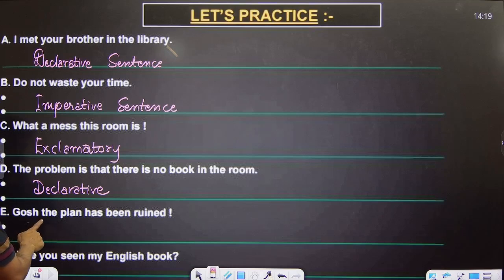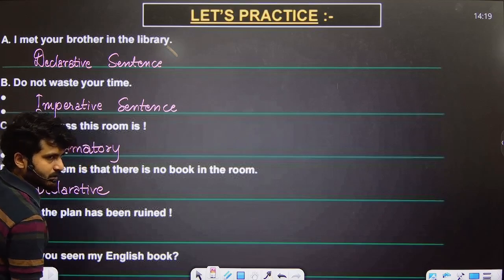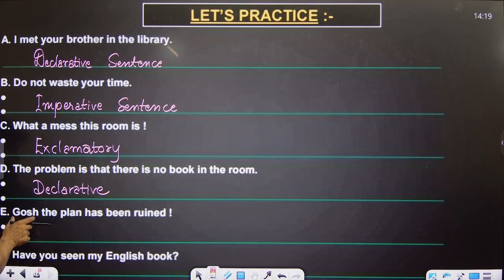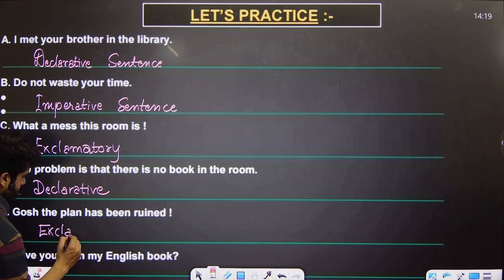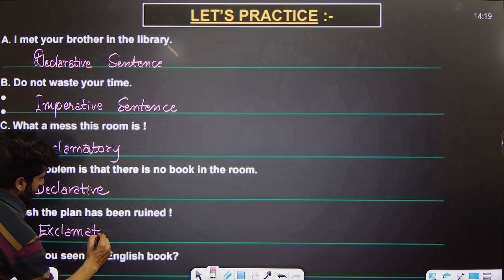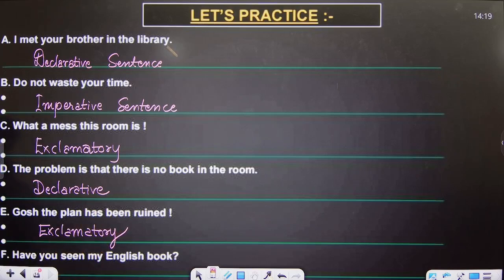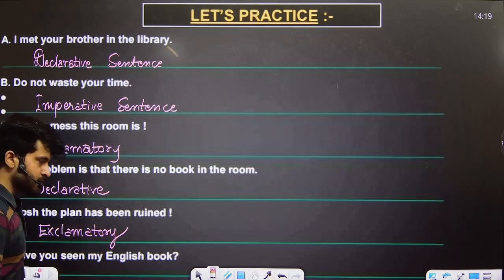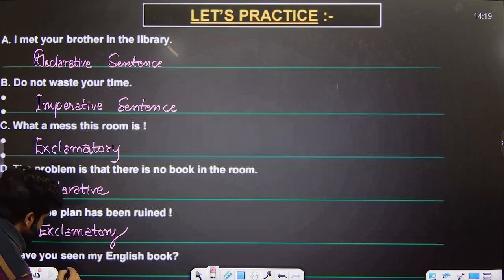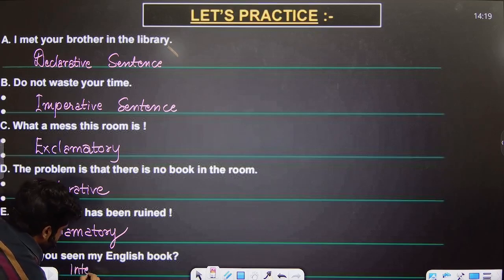Gosh, the plan has been ruined. Okay, it is giving a certain expression of sadness. Exclamatory. Have you seen my English book? That is interrogative.